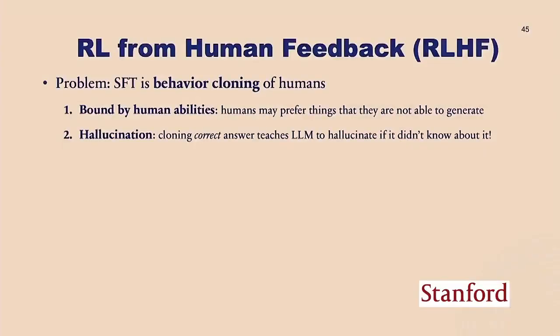Issue number 2, I find that actually pretty interesting, is that, if you ever heard of the word hallucination, this is LLMs generating false information. These people have hypothesized that hallucination can come from the supervised fine-tuning, even if you do supervised fine-tuning on data that is correct.